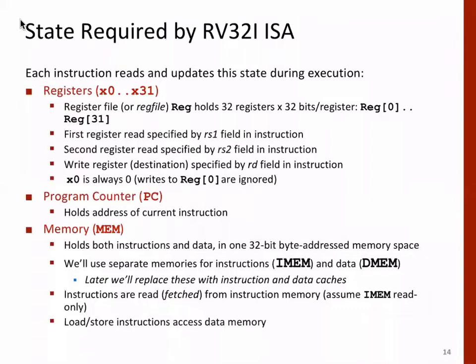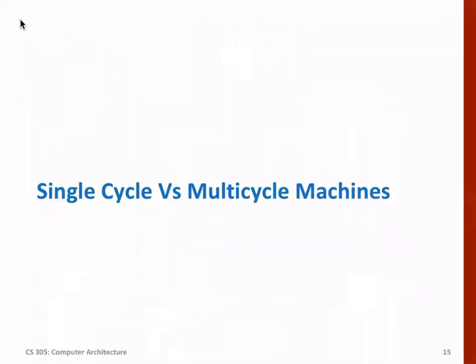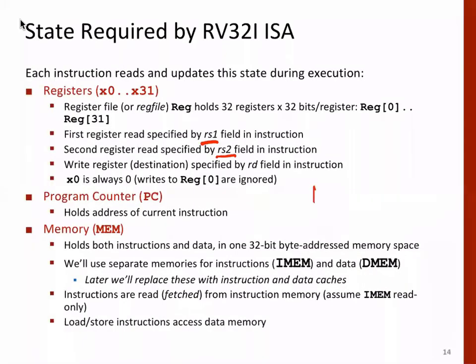Okay, so this is now the mapping of the registers, right? So we have two registers that we can read. The first register is specified by the RS1 field. The second register that we have to read is specified by the RS2 field. Okay, so in an instruction we have these fields, right?